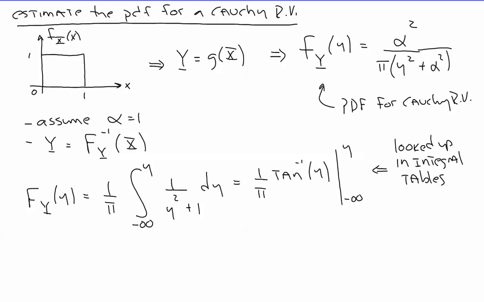If I give you a test problem that requires integral tables, I'll provide you the integral tables, okay? Don't worry about that. So performing this integration on further, I get 1 over pi arctangent of y plus pi over 2.